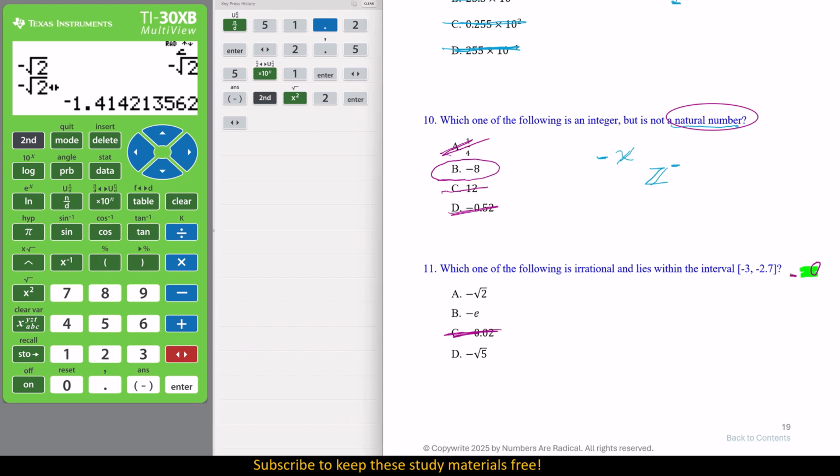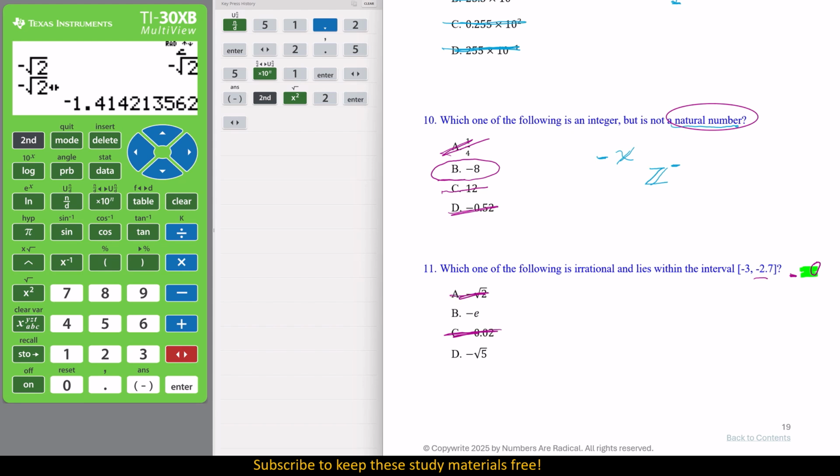It's less negative than negative 2.7. So that's not it. That doesn't lie within, so let's mark that out.